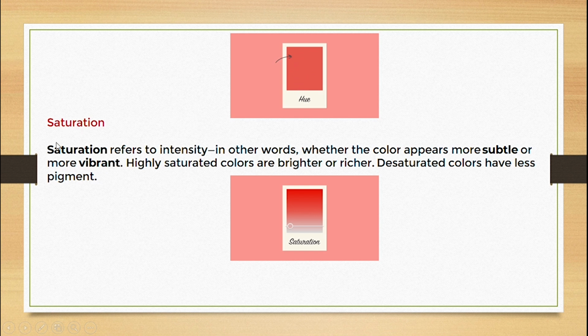So moving on, saturation. Saturation refers to intensity. In other words, whether the color appears more subtle or more vibrant. Highly saturated colors are brighter or richer. Less saturated colors have less pigment. I believe you all understand what saturation is.